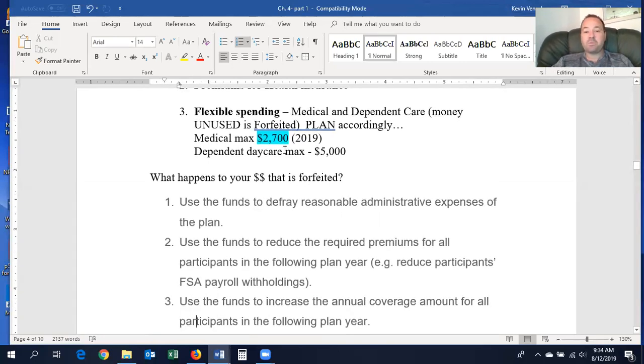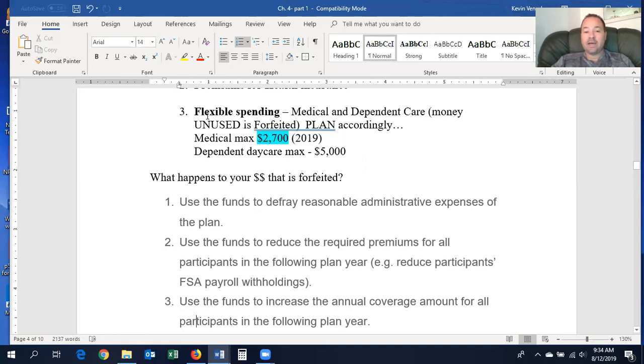Flexible spending, this is a big one. If you have medical bills that you almost always pay to the hospital, your doctor, or prescriptions, and you don't utilize your flexible spending, you are actually just wasting money. If you put away $1,000 a year, you get 1,000 of that 1,000 to pay medical bills, so 100%.